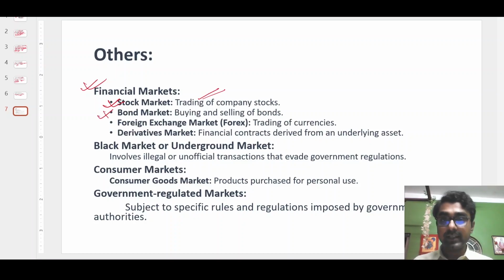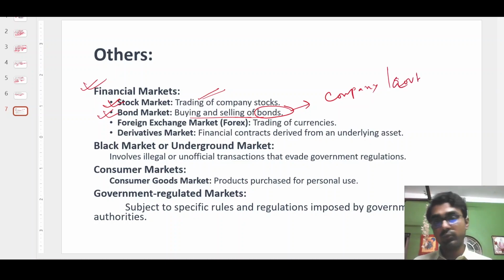Next is the bond market. Bond market is all about the buying and selling of bonds. Those could be company bonds or government bonds. We will discuss the bond market, stock market and foreign exchange market in detail in later videos. For right now, just know about the different types of financial market.